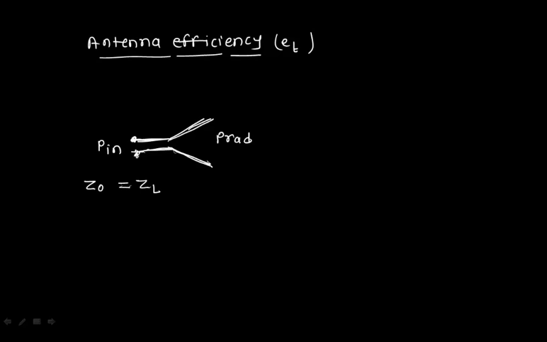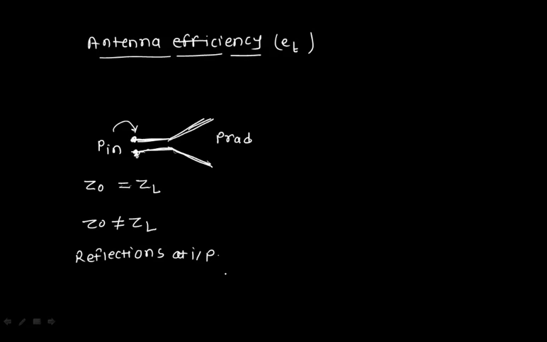The transmission line impedance and the antenna impedance should be the same. Otherwise, there will be loss due to reflection. If I don't have this kind of matching, the reflections will be there at the input, due to mismatch between the transmission line and antenna impedance. Thus when some power is supplied to the antenna, part of it will be reflected.